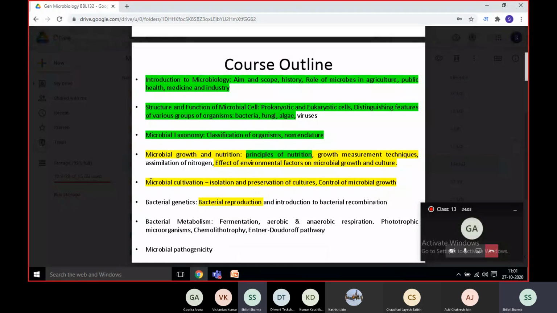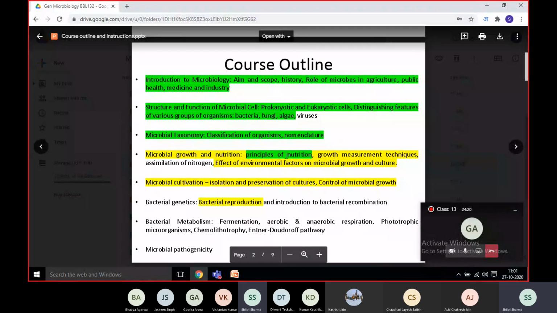So if you can see the sheet, in green is what we have already covered, and in yellow is what we will be covering before the minor. So everything in green and yellow is going to be the syllabus for your minor exam.